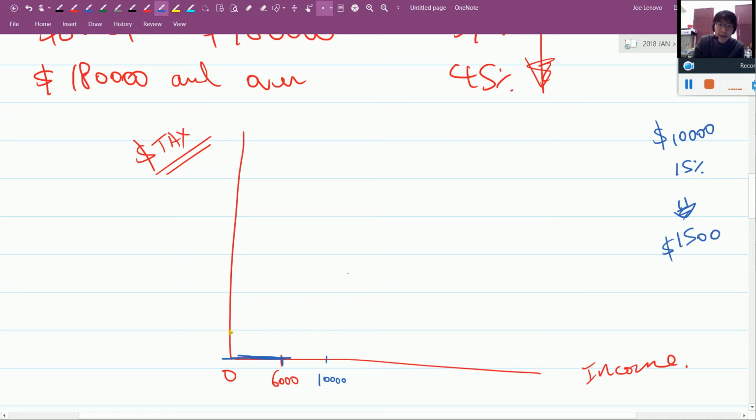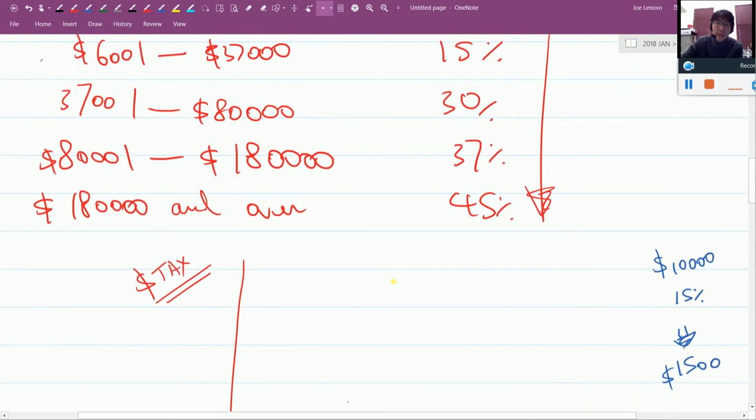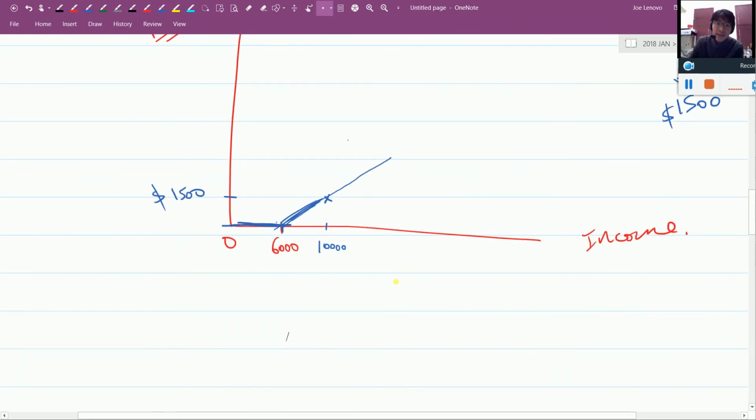So you're going to pay $1,500 right there, as the slope would be like this, 15%. And you can imagine this 15% going all the way until $37,000, right there.